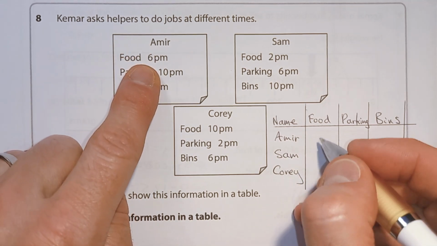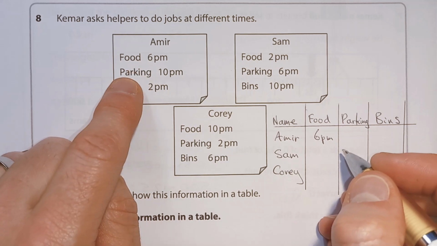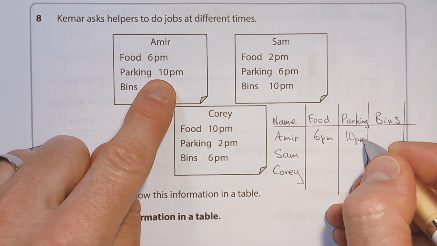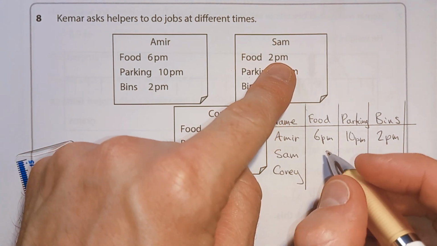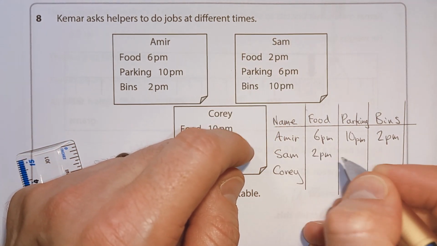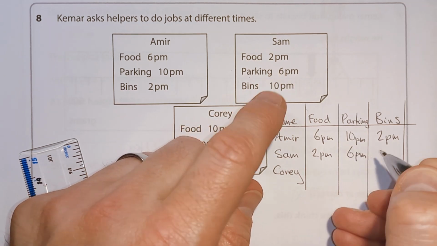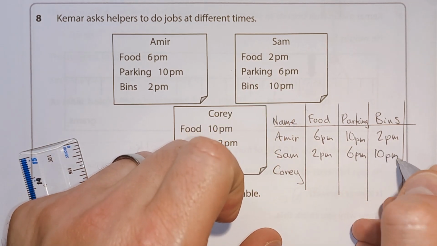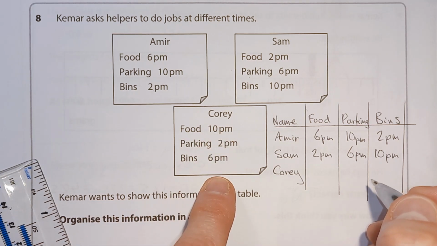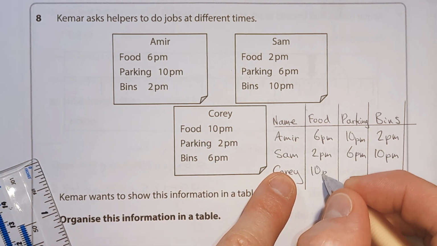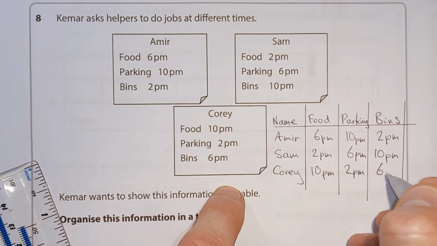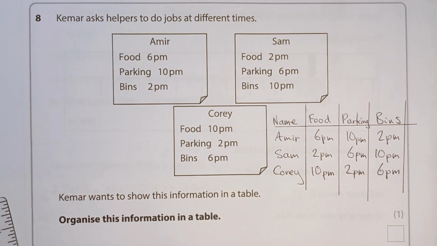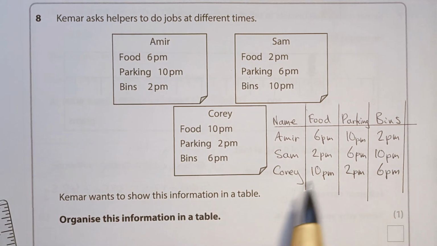So Amir does the food at 6 p.m, does the parking at 10 p.m, and the bins at 2 p.m. For Sam, they do the food at 2 p.m, parking at 6 p.m, and the bins at 10 p.m. And then for Corey, we got the food at 10 p.m, parking at 2 p.m, and the bins at 6 p.m. So we've got a nice handy table here. Straight away we can see who's doing what task at what time.